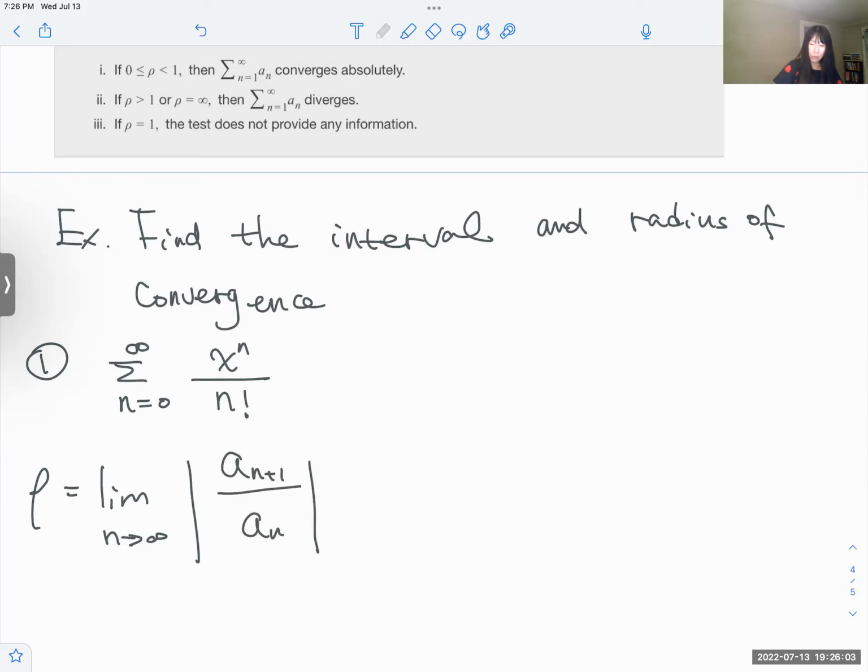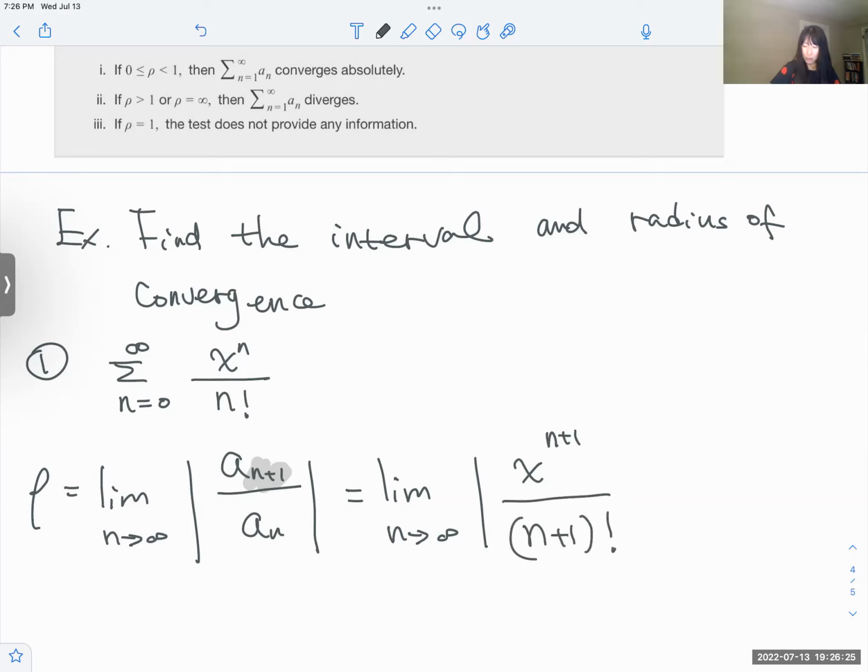We had the experience yesterday, so we're just going to substitute n plus 1 into n. So we have the limit as n approaches positive infinity of x to the n plus 1 over n plus 1 factorial, times the reciprocal of the second one. So we just rewrite with the reciprocal of the original series.